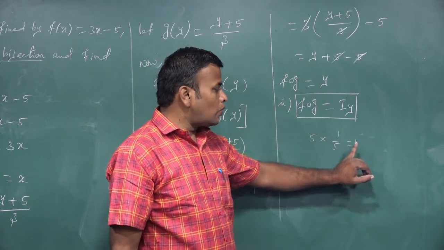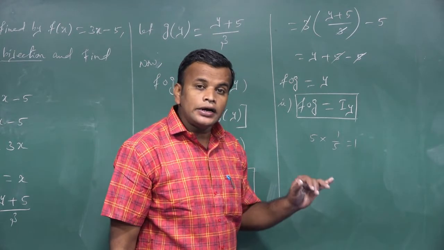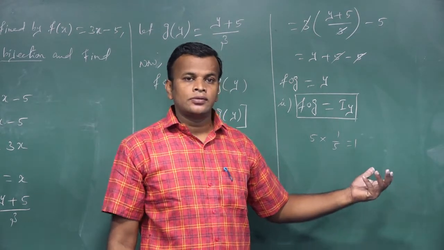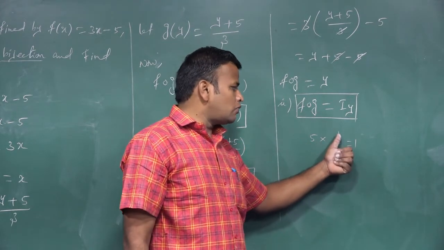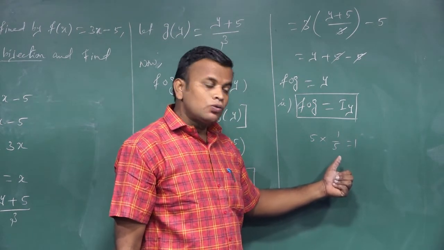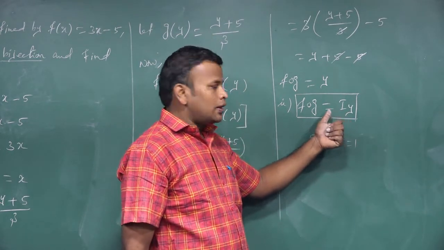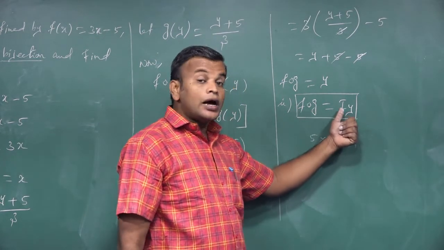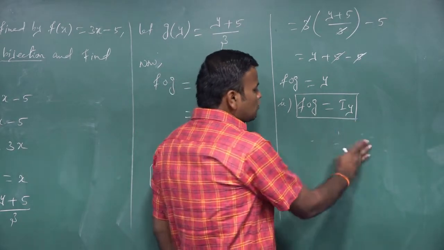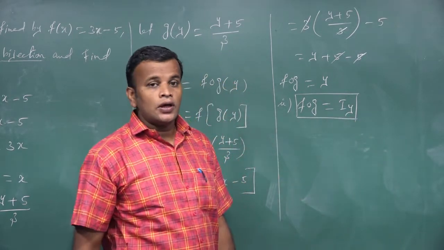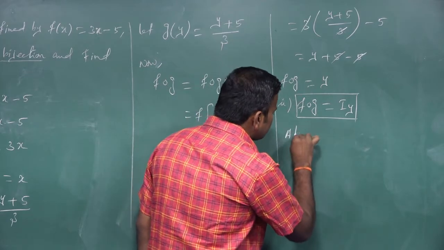You know very well, 1 is always the identity element in multiplication. So now we say 5 is the inverse of 1 by 5, or in other words, 1 by 5 is the inverse of 5. The same concept applies here. We compose two functions and get the identity, so one is the inverse of the other. Now we have found f dot g. Also we find g dot f.